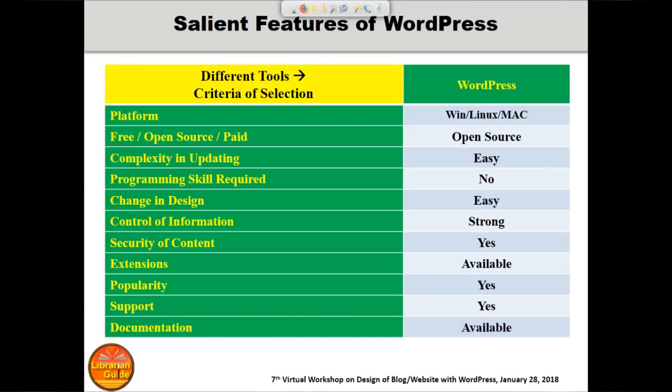There is a forum, there are people throughout the world who keep helping users with any kind of technical support, online support, and even the developers are there who can help you. A very good documentation is also maintained by WordPress. Okay, so these are some salient features we have with WordPress.